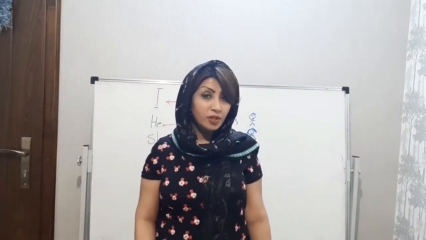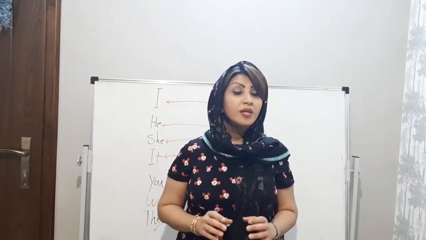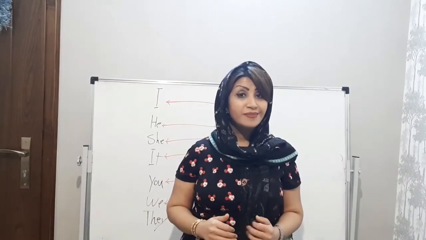These are possessive adjectives. Maybe you are familiar with this. But you should know that we use possessive adjectives when we want to say that something belongs to someone else, or someone owns something.